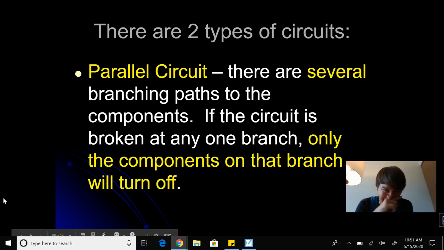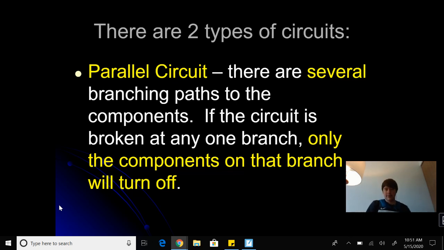Essentially, a parallel circuit is the other one that we are going to look at. A parallel circuit is where there are several branching paths to the components. If the circuit is broken at any one branch, only that component is going to turn off. So, essentially, think of your house.